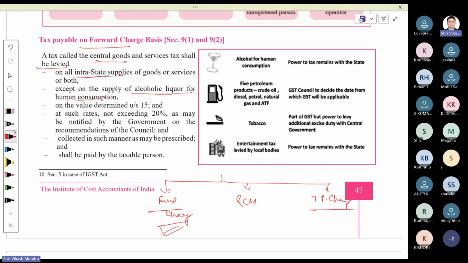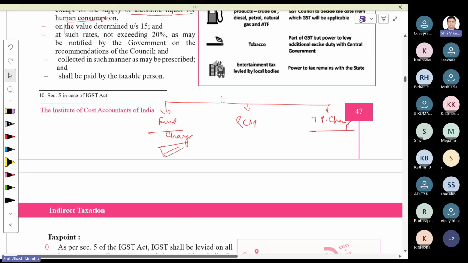We already discussed this one. On what rate are we supposed to pay tax? Say at the rate of 18% or at the rate of 5%. Say 5%. I'm supposed to pay GST at the rate of 5%.